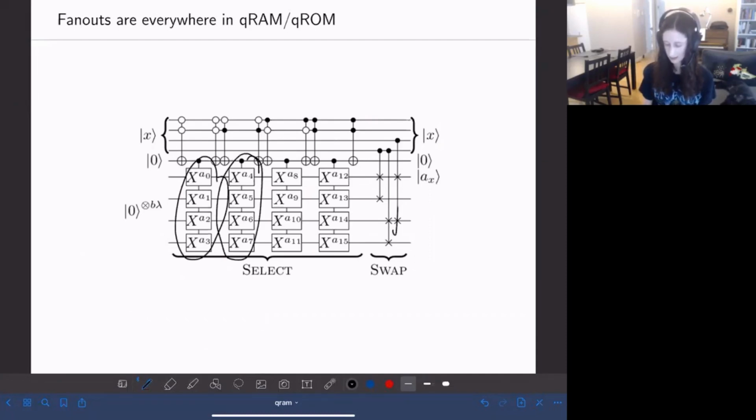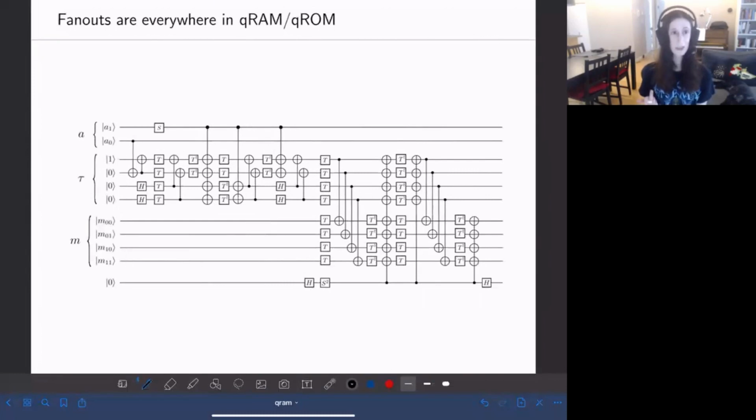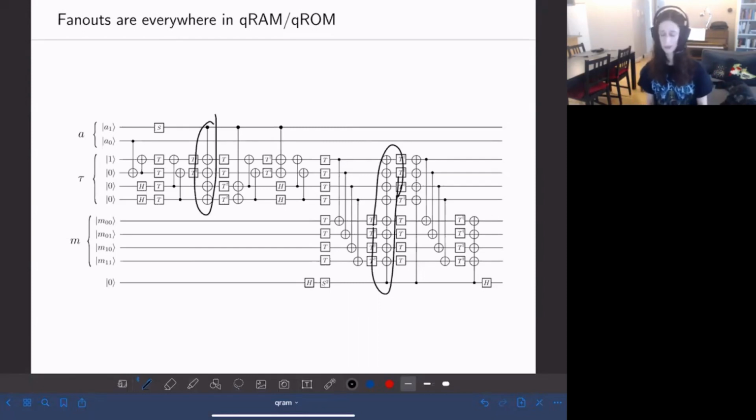These are simultaneous controlled swaps that could also be turned into fan outs. And same in this circuit here, fan out, fan out. So a lot of the regular circuit depth, not T depth, is contained in these fan outs. If we could do them in one step, that's a significant improvement.